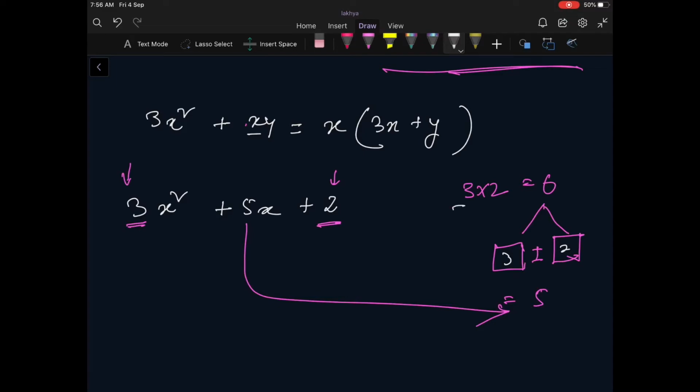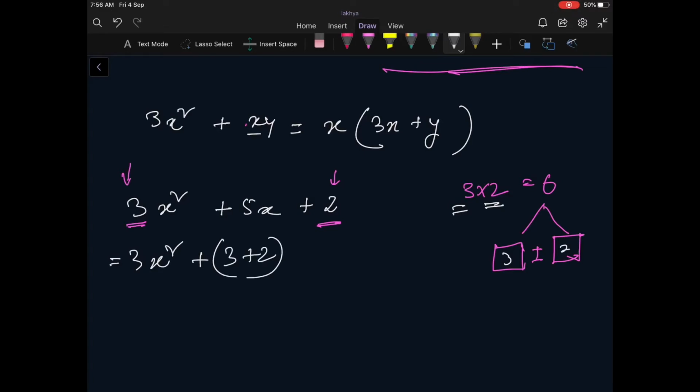So that's why we can use the factors 3 and 2 of 6. So this middle term can be split as 3 plus 2. This is called splitting the middle term.